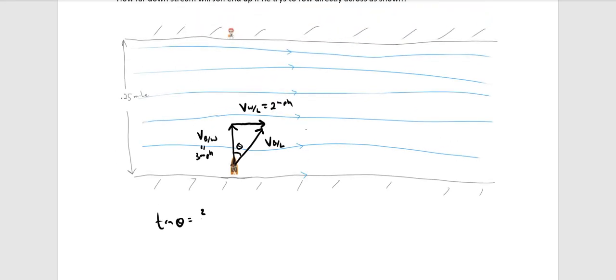So that's going to be 2/3. And we can go ahead and calculate theta. Theta is going to be the inverse tangent of 2/3. Inverse tangent of 2/3. I get a number here, and it's given to me in radians. Give me a moment. So I get about 33.7 degrees.